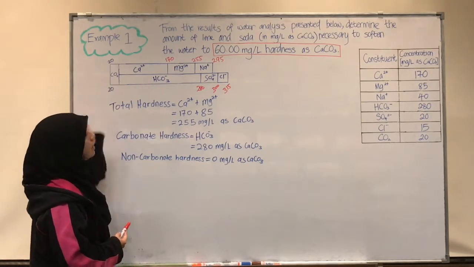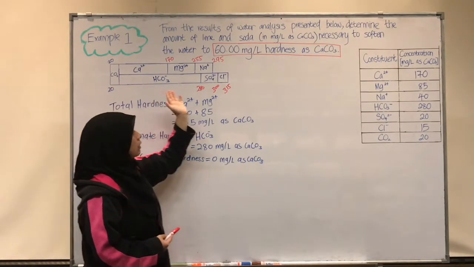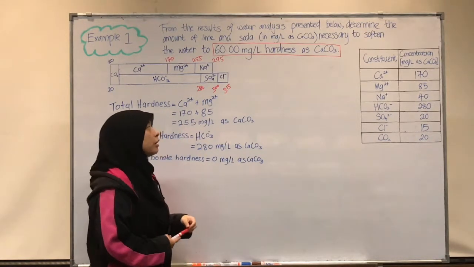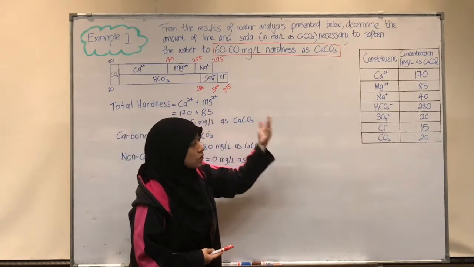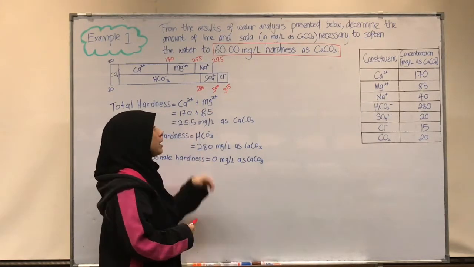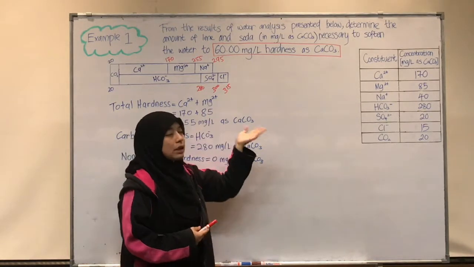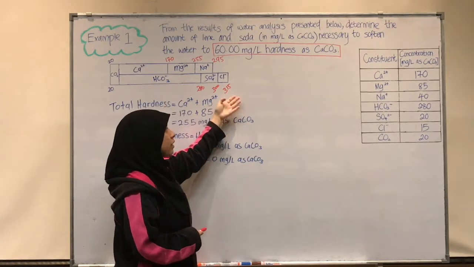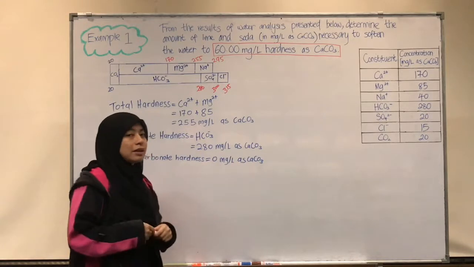For the negative ions, we have bicarbonate at 280 milligrams per liter as calcium carbonate. Then sulfate, listed as 20 milligrams per liter as calcium carbonate. We add up again and get 300. Then there's chloride, listed as 15 milligrams per liter as calcium carbonate, and adding the previous value, we get 315 milligrams per liter as calcium carbonate.